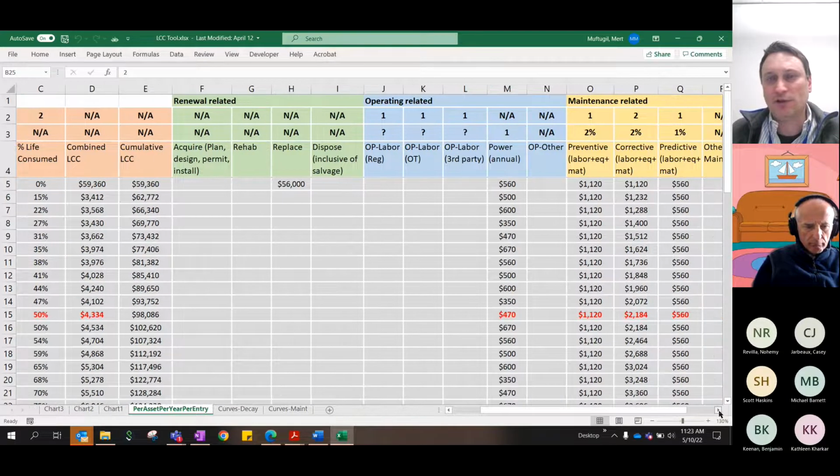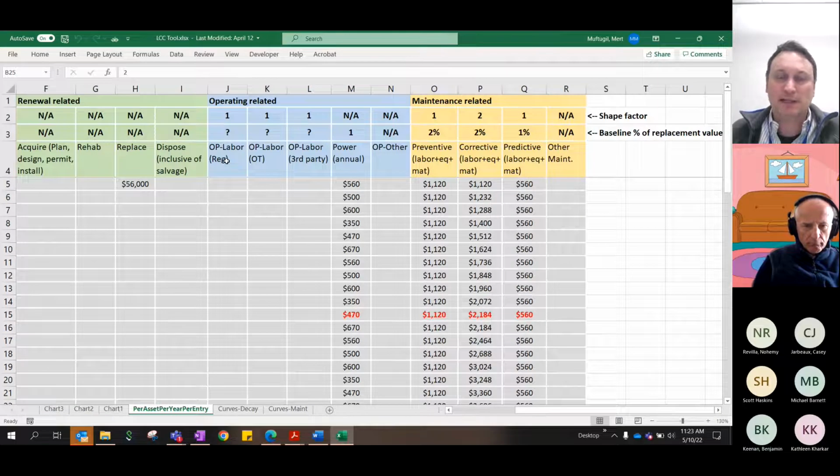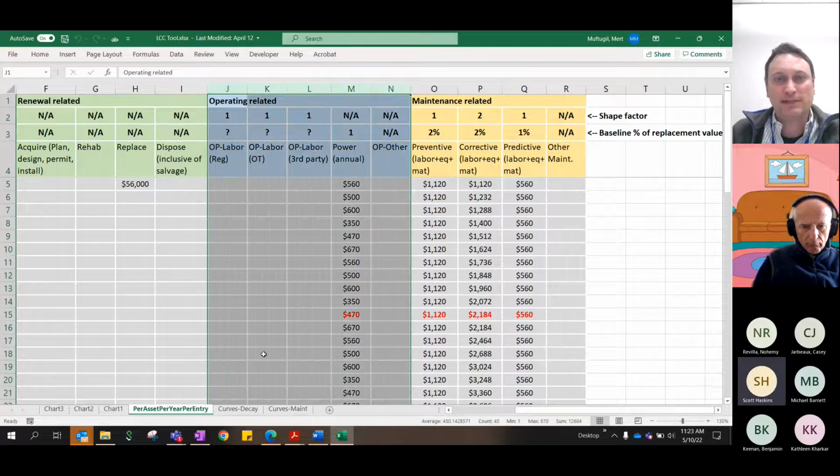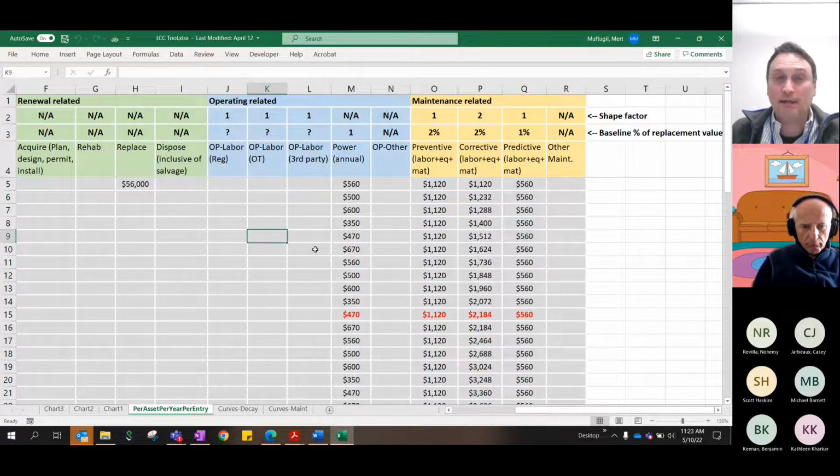Then it's a little bit more difficult to talk about this versus maintenance, but let's still keep the order that we have in the sheet and talk about this first. Operation related expenses. Now, this is very difficult to track on a per asset basis. Generally, we don't track operations cost on a per asset basis.